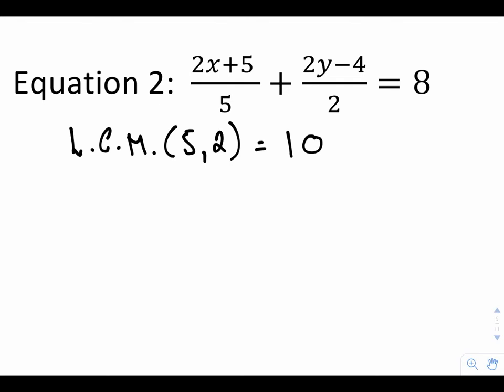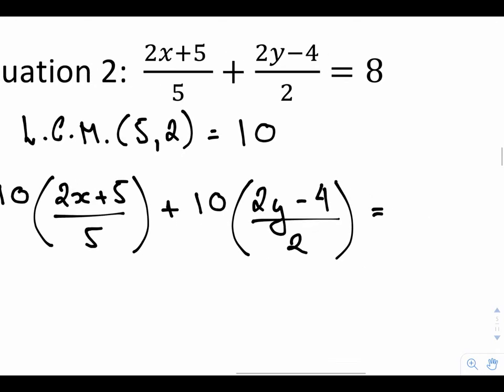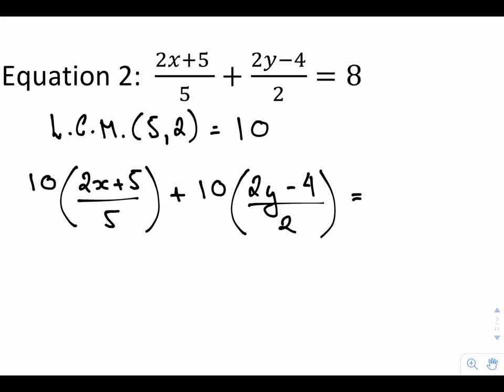The same thing I did in the last one, I'm going to multiply both sides by this lowest common multiple, so that what I obtain is 10 times (2x plus 5 over 5), plus 10 times (2y minus 4 over 2), equals 10 times 8.